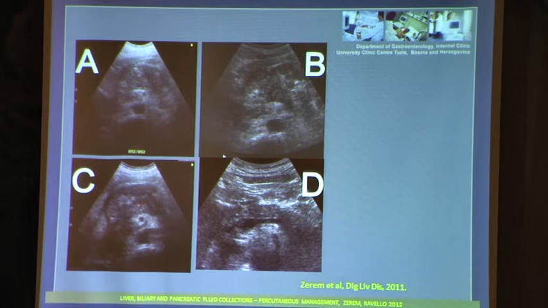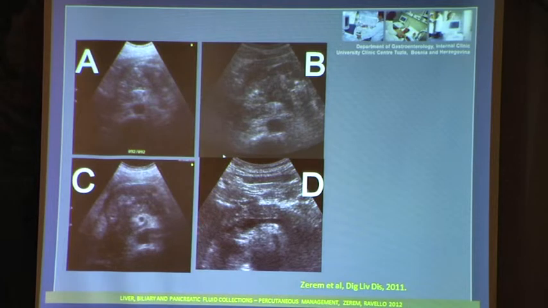This is the situation 2 or 3 weeks after the beginning of the treatment: normal pancreas surrounded by liquid collection and necrotic tissue, and the catheter was kept in the liquid pancreatic collection.